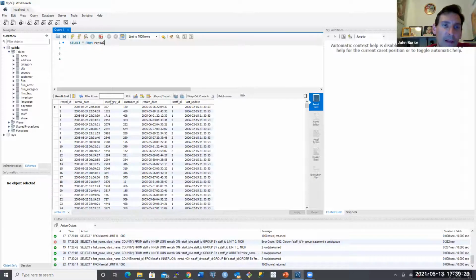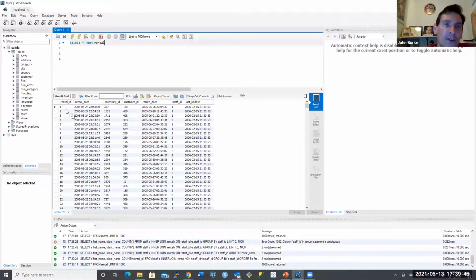I just lost my look at the output, but hopefully we remember it. We wanted a column for rental ID, and also a list of the staff members, and there were apparently only 2 staff members, along with the number of things they rented.